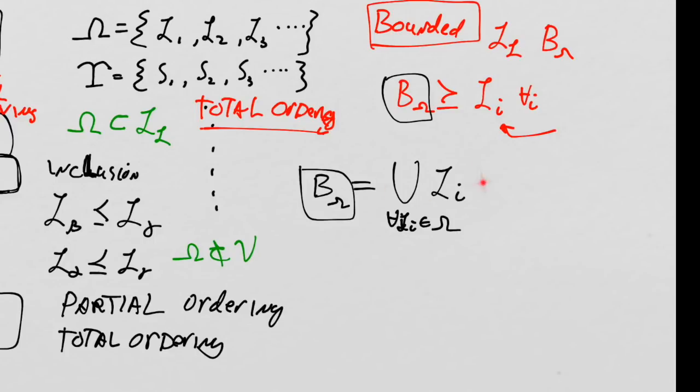And so an infinite union is really no problem. Even if that's an infinite collection of L sub i in omega, this infinite union is a perfectly sensible object. And whatever that object is, it is guaranteed to be bigger than any individual element in that set.